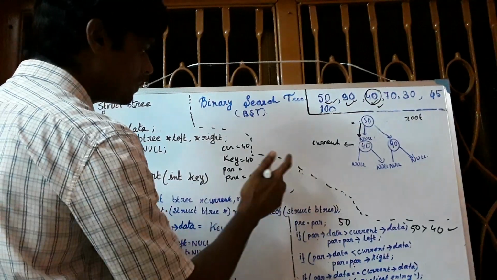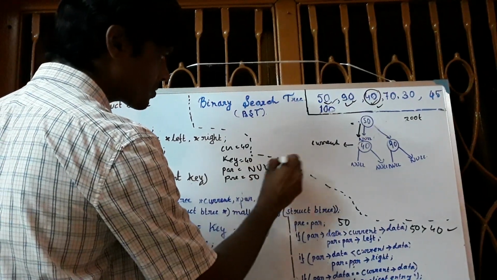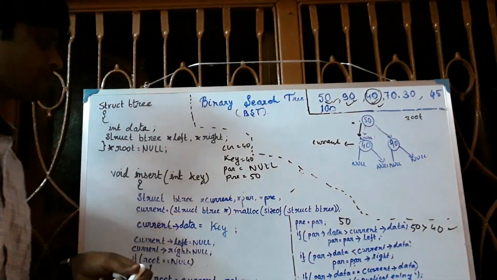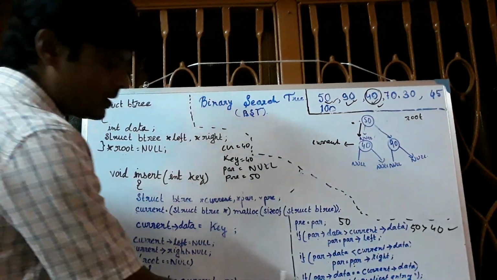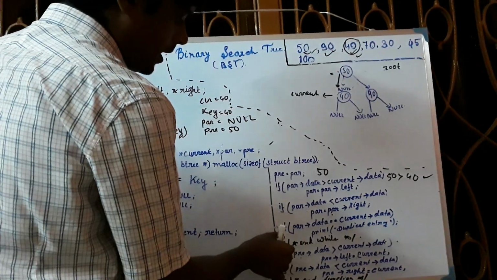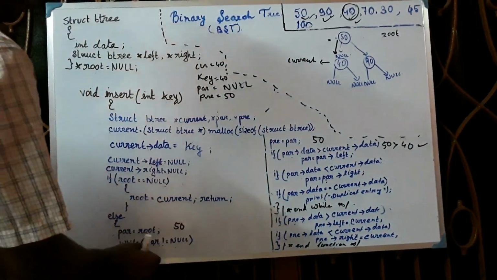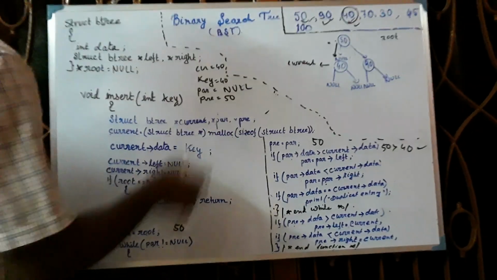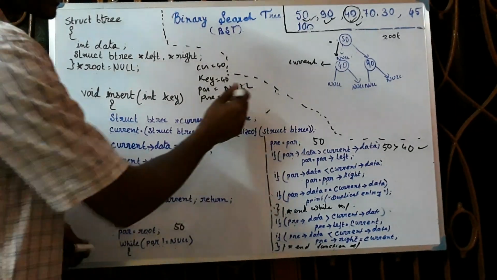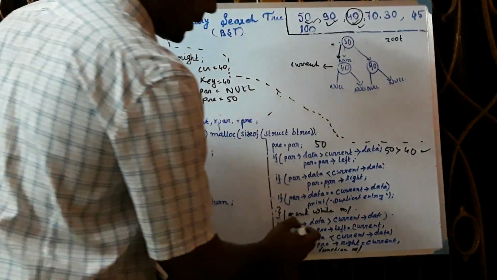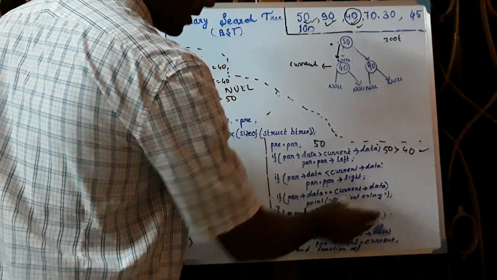This 40 will be omitted, and I can write here null. Because par is now referring to null, right? Now after the condition, it will go for the next iteration, that is the while loop. It will come to the top of the loop. What is the updated value of parent? Updated value of parent is null. So it will come out from the loop, and once it has come out, it will check for the next condition, whatever is given over there.